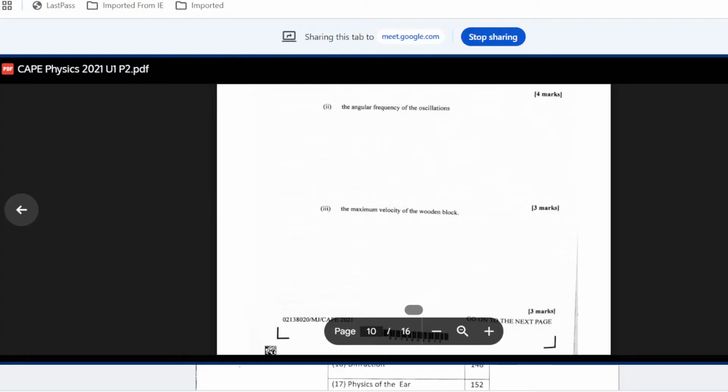Was T not 8 seconds? Yeah, but the 8 was for 20 oscillations. Oh, it's 8. My bad. Yes, it's 5 pi. So T would be 0.4, the time period.